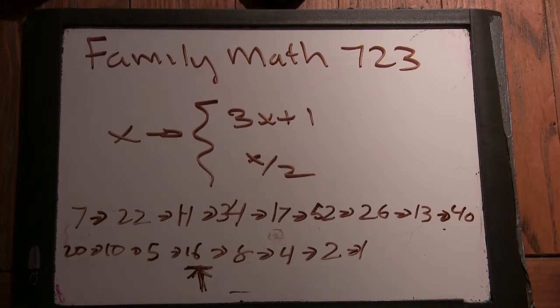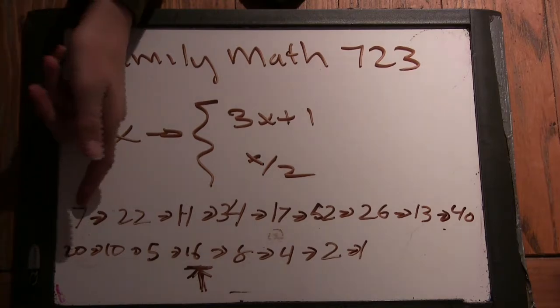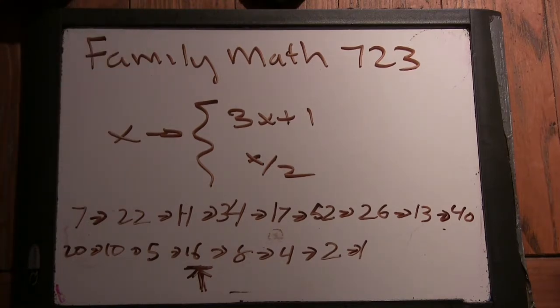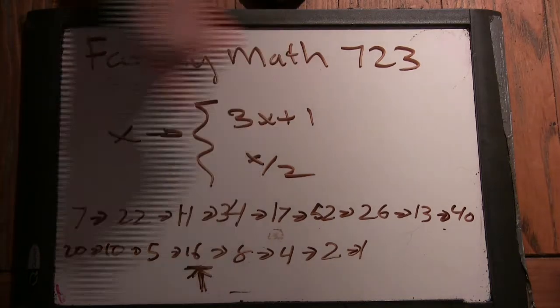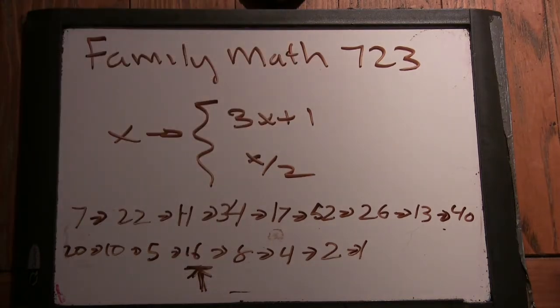Which numbers do you think you could get to 2 different ways? Like, for example, you can get to 7 from 14, or you could get to it from 2. Well, no, because you can't get to it from 2 because that's even.